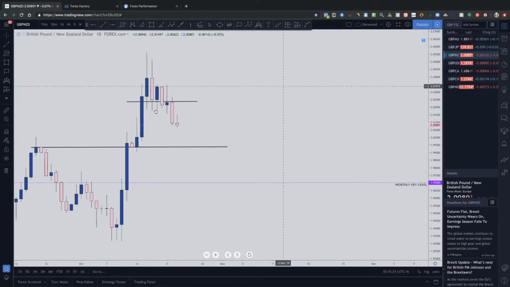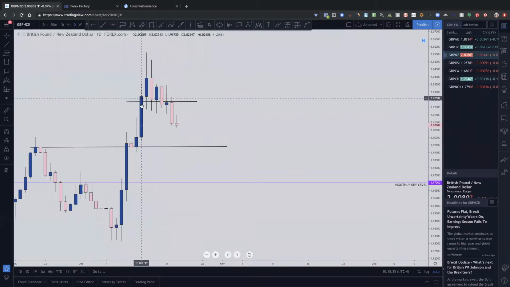Look at my trend line. Which candle closed below it? Which candle compromised my structure? This one right here compromised it to the upside. This one landed on top. Landed on top, all closed above, but this one didn't.